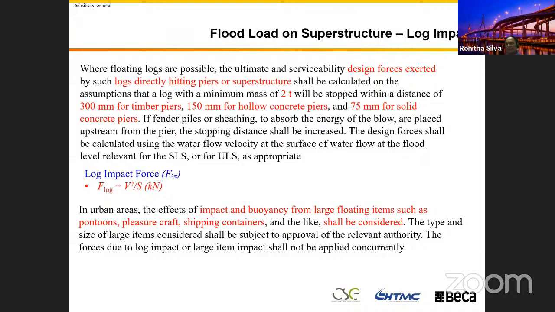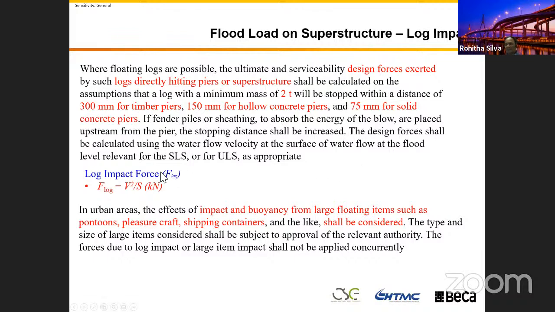So the initial velocity is V, the final velocity is 0, because impact means decelerate. Then your deceleration is A, so V squared minus 2AS is equal to 0, then A is equal to V squared over 2S.